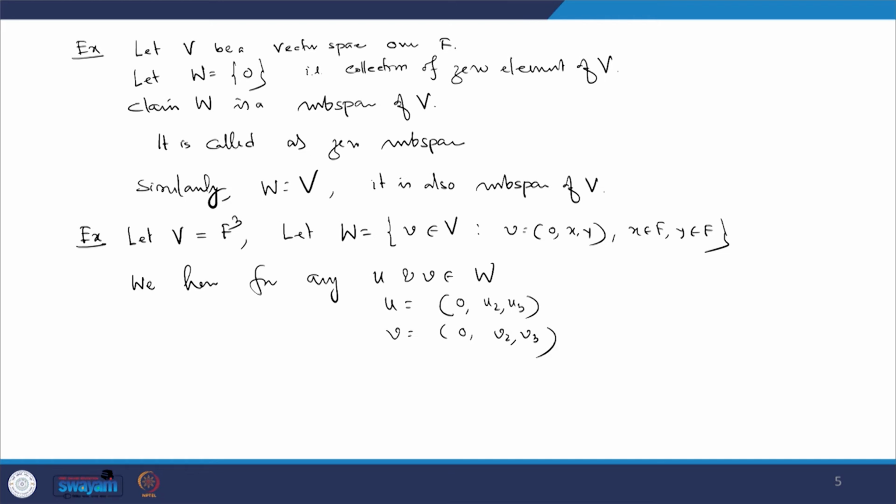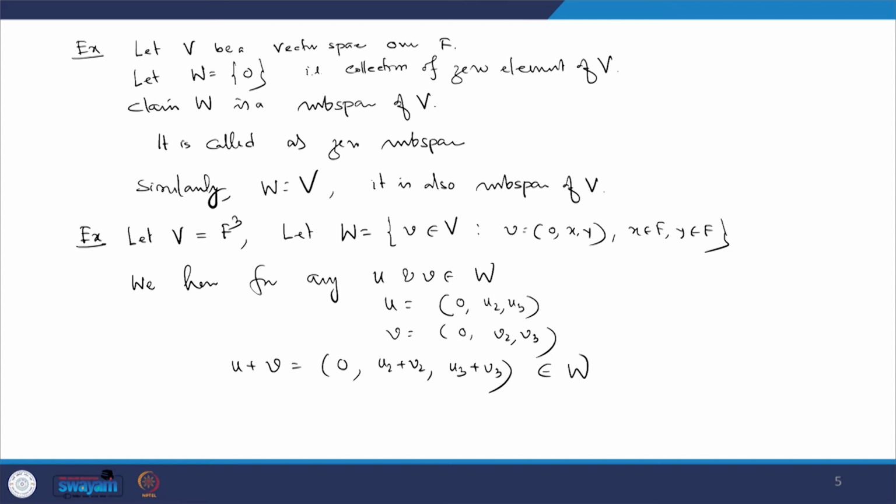The binary operation over the n-tuple space is adding component-wise. If I use that as my binary operation, vector addition, then we have u plus v equal to (0, u2 plus v2, u3 plus v3). So it again belongs to W.